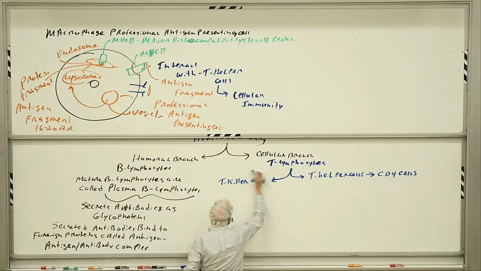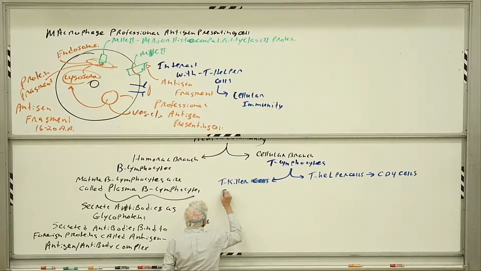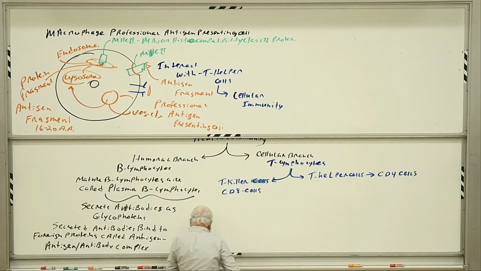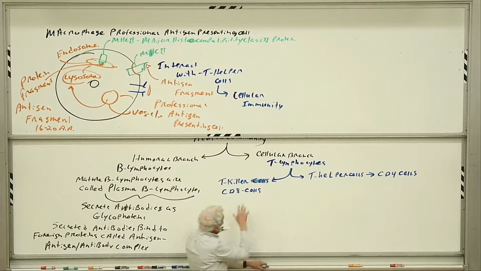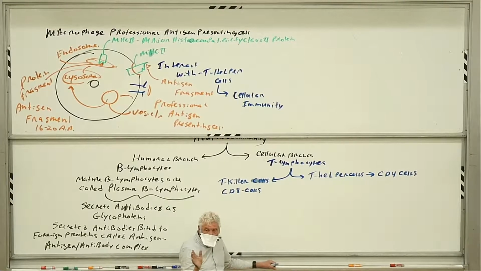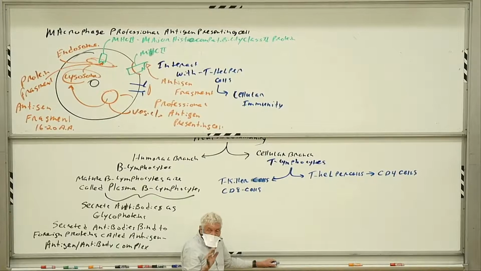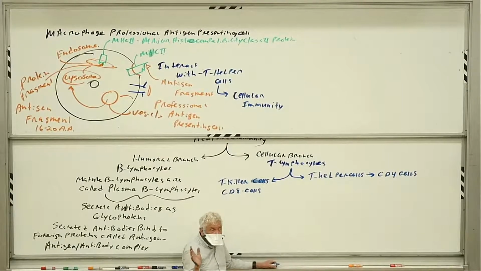And these T killer cells all have another name called CD8 cells. So whether it's a T helper cell or it's a T killer cell, regardless, those cells had to pass through the thymus. They're T cells. So they've been selected for potency and specificity in the thymus. And if they've been correctly selected, then they go out into the world, as we talked about the other day.